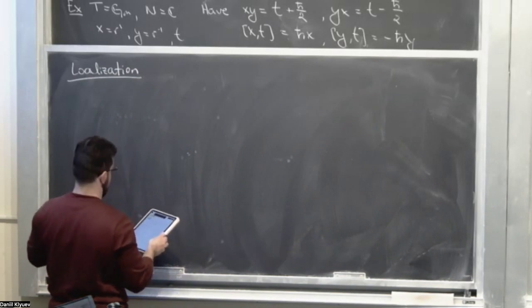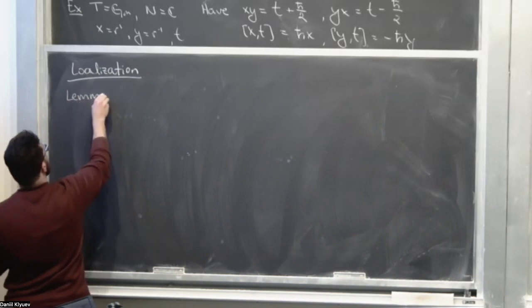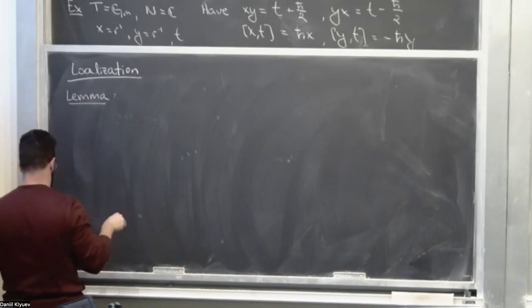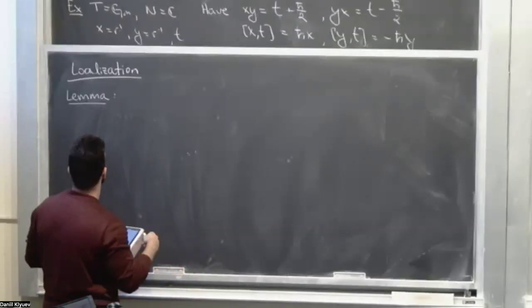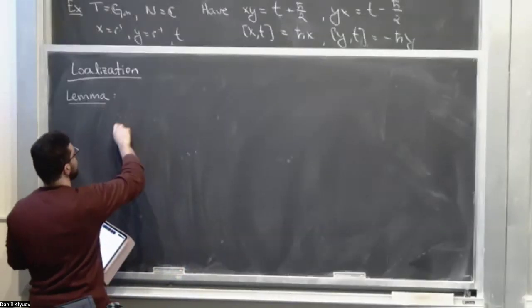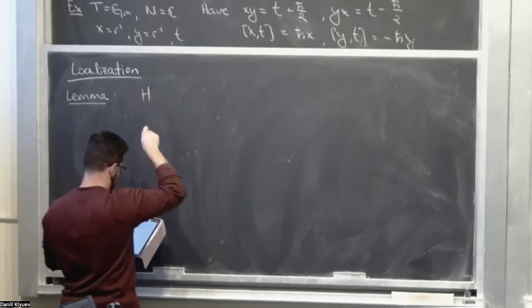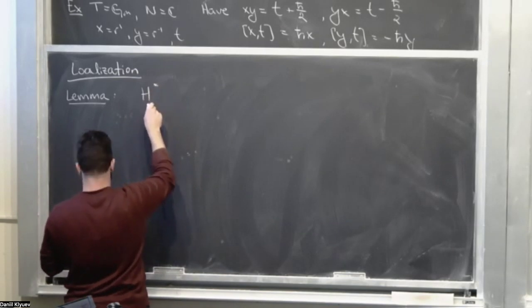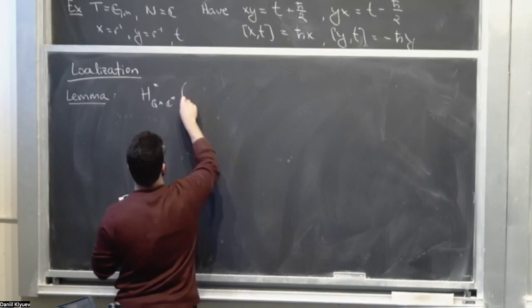Start with a lemma, whose significance is more conceptual. I don't strictly need it to say anything else, but it is important. And if you do all the details, you do need it to say everything else.